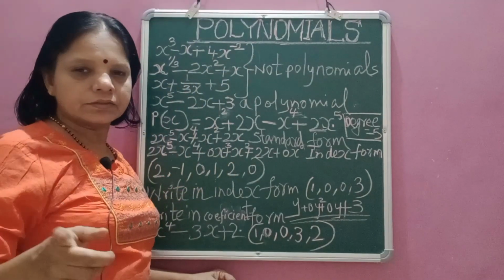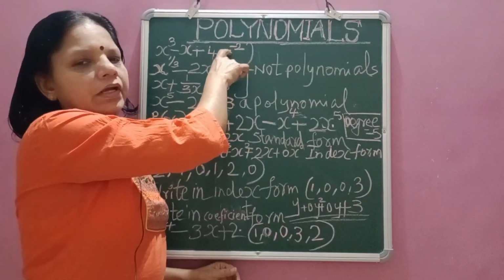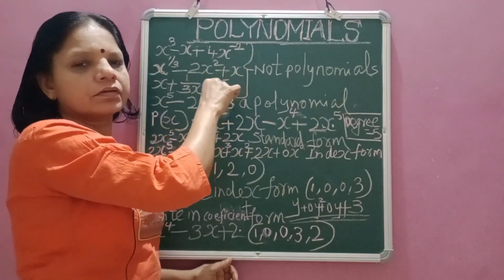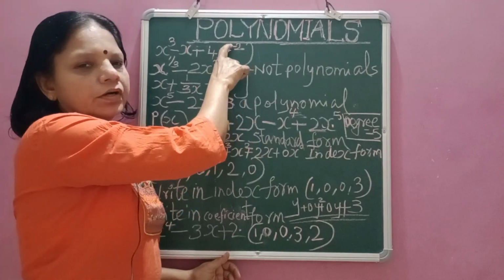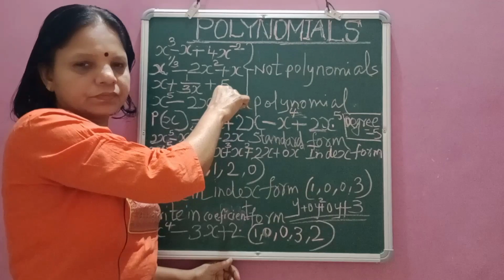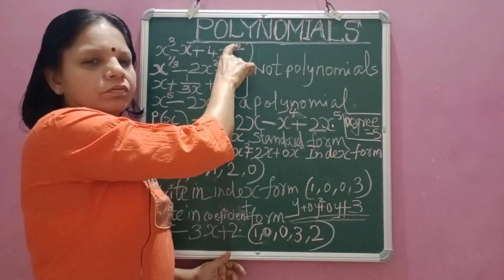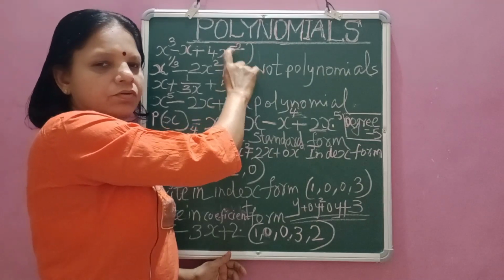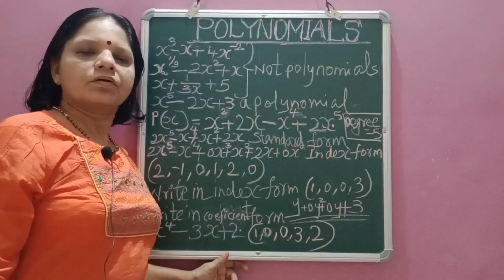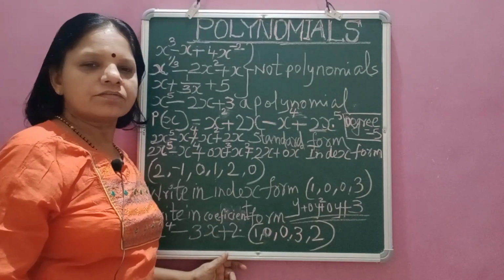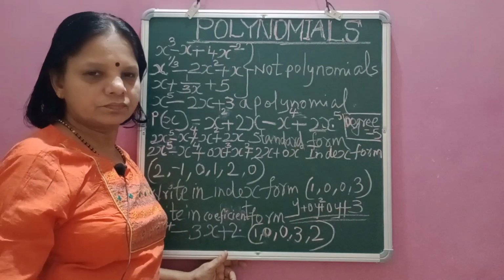Because of that minus 2, the variable x will go in the denominator. x raised to minus 2 is 1 upon x square, right? So minus 2 is the index. Because of that, it is not a polynomial. That is, the index should not be negative.